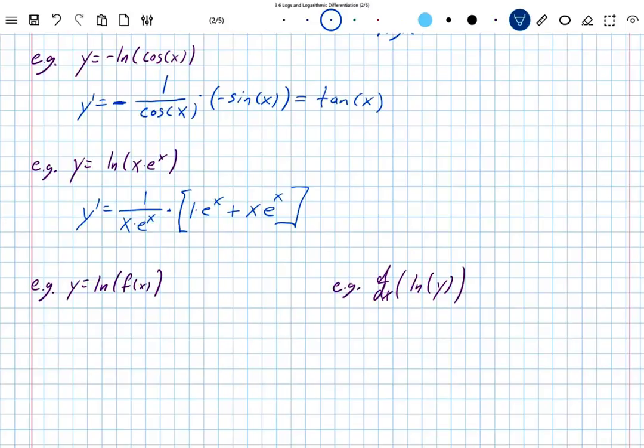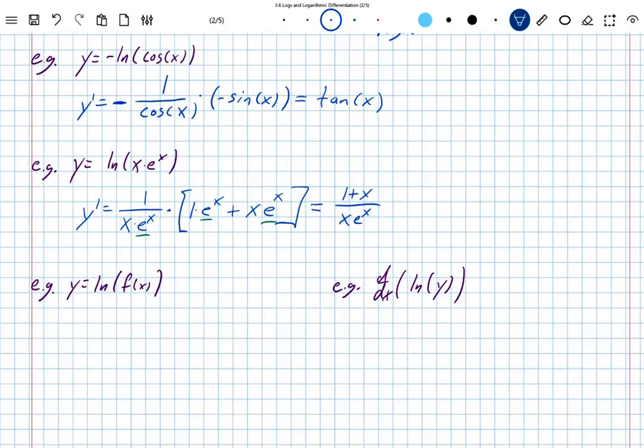Oh, I can't help but simplify this a little bit. Notice I've got an e to the x here, and I can factor out this e to the x. So this whole thing, if I simplify it, all those e to the x's are going to cancel when I factor out that e to the x and cancel the thing on bottom. So this is really just 1 plus x over x e to the x. Not so bad at all.